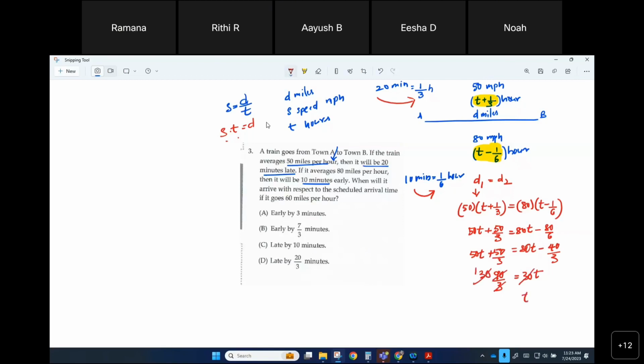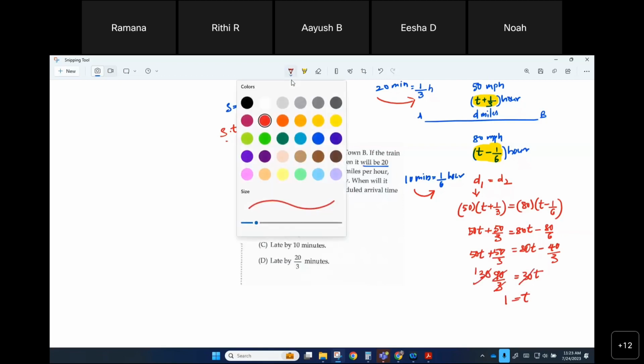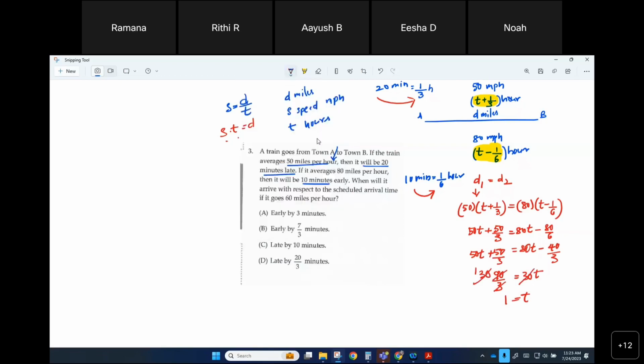So what is the actual time it should take at the correct speed? It will take only 1 hour, because we assumed t is the correct time it is supposed to take. Okay, it is supposed to take 1 hour at the correct speed.